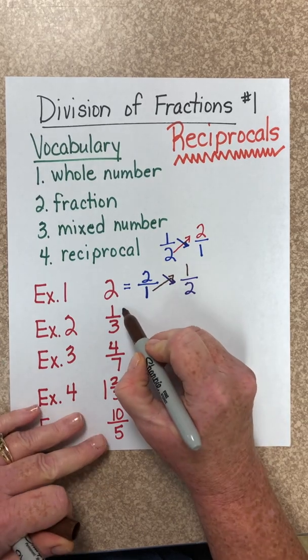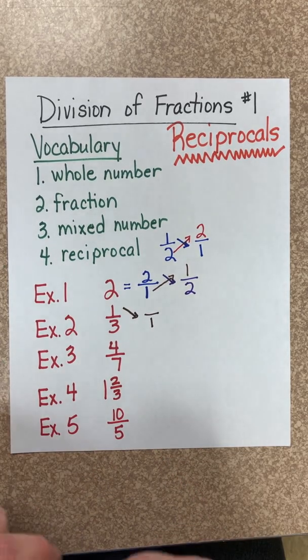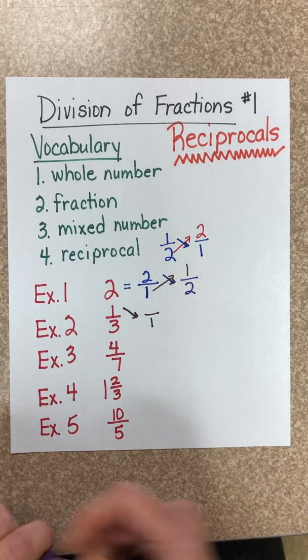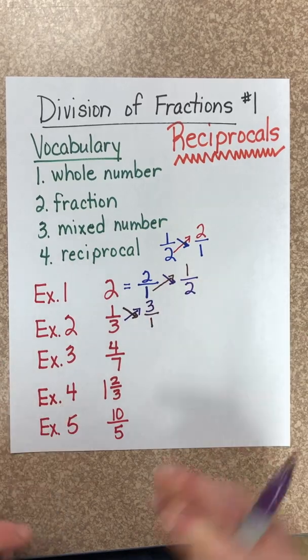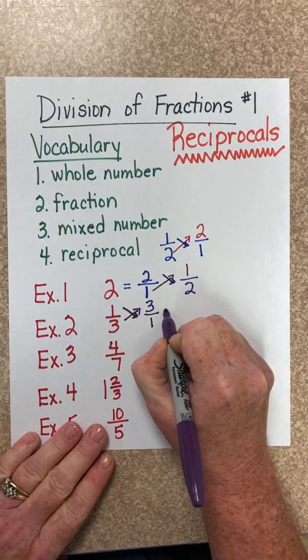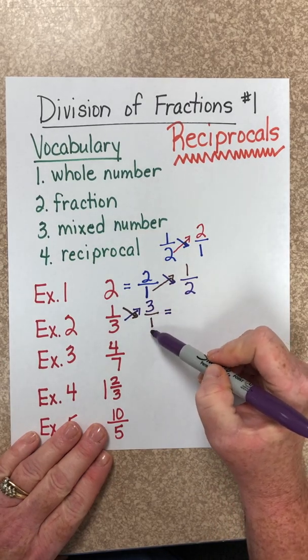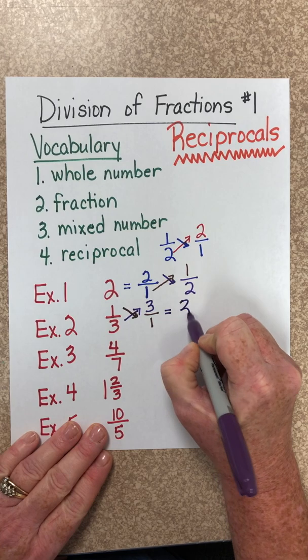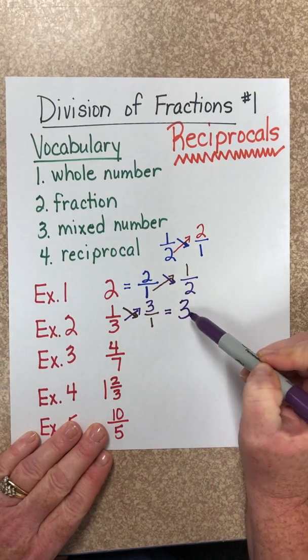So that means the numerator is going to go to the denominator, and the denominator will become the numerator. Now in this case, 3 over 1 can be simplified to another answer, which is going to become a whole number. 3 over 1 is 3, because 3 divided by 1 is 3.